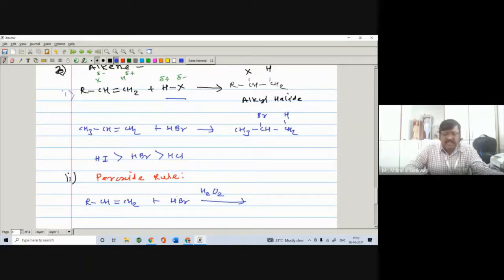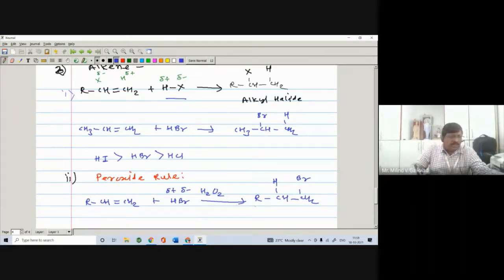Then the negative part of the reagent will attack the doubly bonded carbon atom which has the more number of hydrogen atoms. So Br will attack here, and this H will attack here. So you are getting 1-bromoalkane as the major compound. It is called the peroxide rule or anti-Markovnikov addition rule.